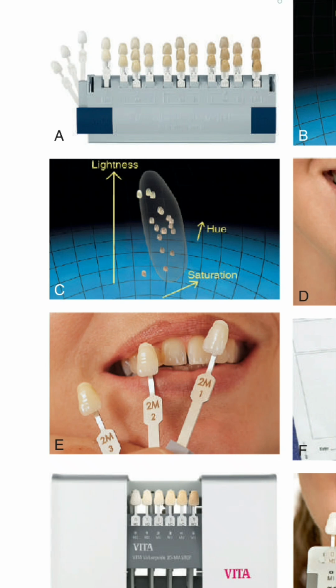So when we say 2M1, the 2 is the value, the M is the hue, the 1 is the chroma. The chroma represents how pale or saturated, the value represents how light or dark this color is, and the hue, how yellowish or reddish the color is.